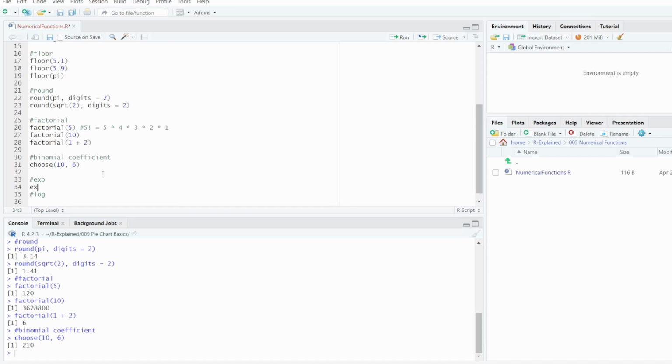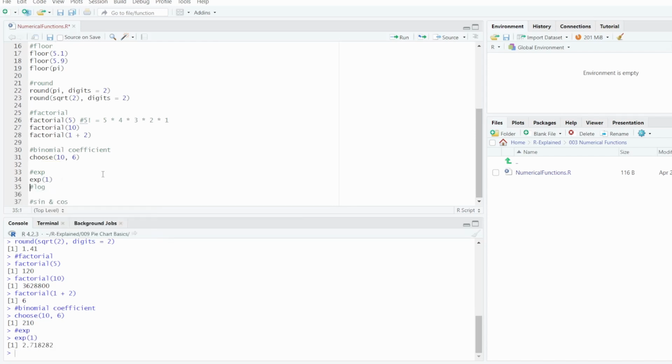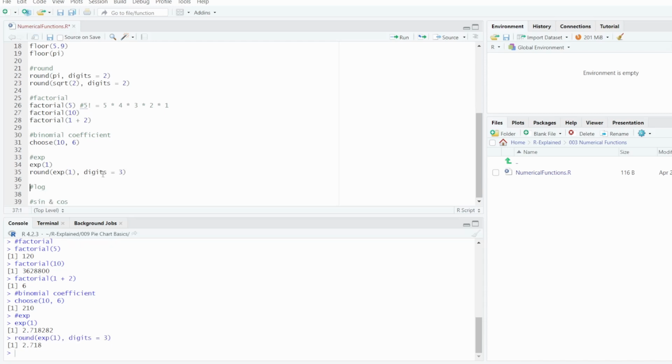Next we have the exponential function. We of course can plug this function into other functions. So for example, you could say round e to 3 digits, giving us 2.718.